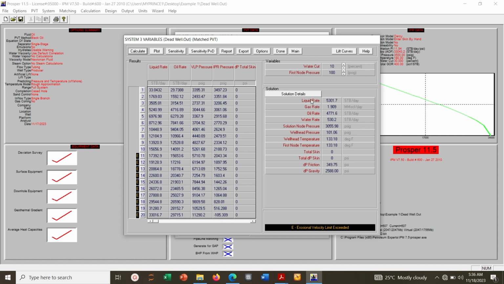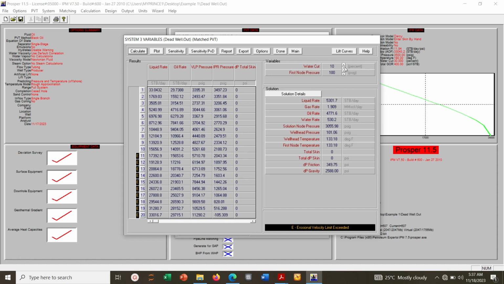Look at the solution details. At water cut of 10% and wellhead pressure of about 100 psi, we produce about 5,300 stock tank barrel per day of liquids and 4,700 of oil.